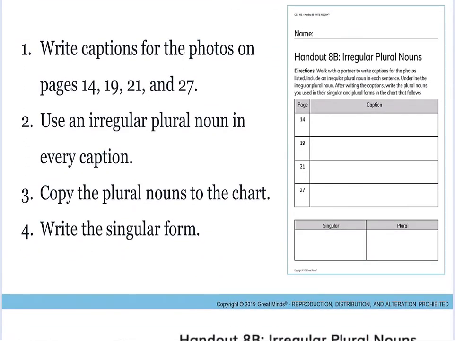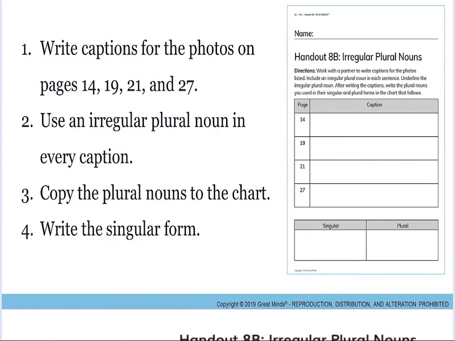We are going to look at a few different photos in your Plains Indians book. We're going to write some captions to each picture on handout 8B. So open your blue student workbook to handout 8B, irregular plural nouns.